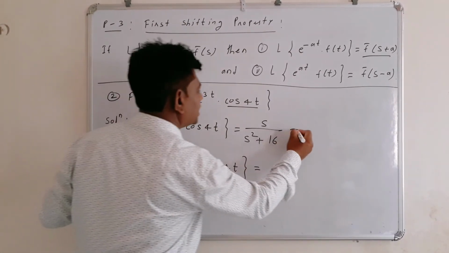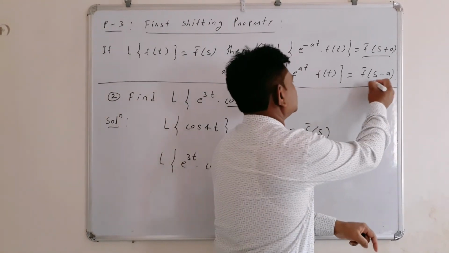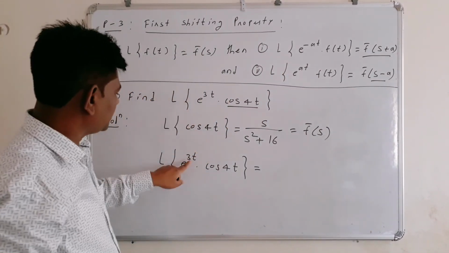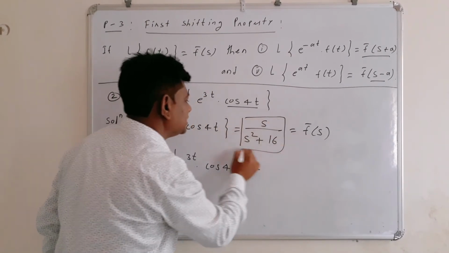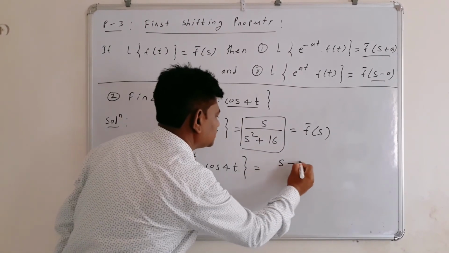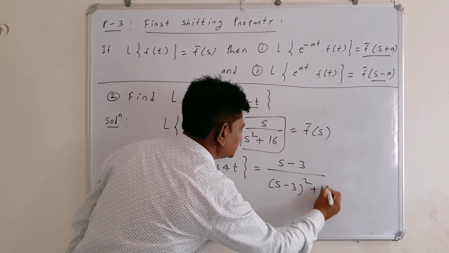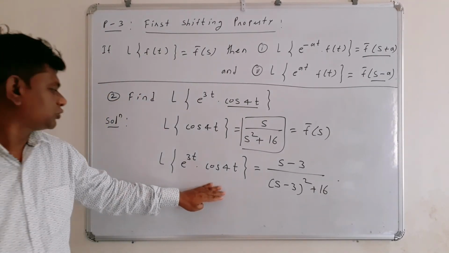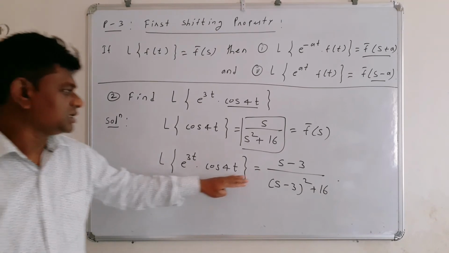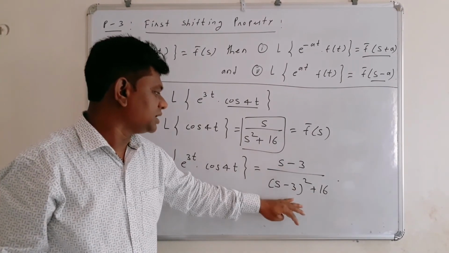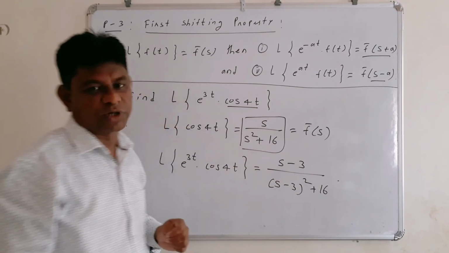This is the f bar s. Now s changes to s minus a, here a is 3. The answer is, replace s by s minus 3: s minus 3 upon (s minus 3) whole square plus 16. So this is the Laplace transform of e to the power 3 times t times cos 4 times t, by using shifting property.